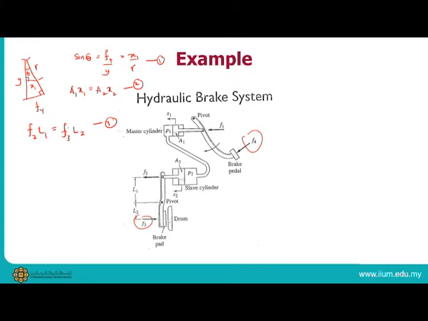Here you have F3, your output, so you put F3 on one side, and it should be equal to F2 L1 over L2. Force is actually equal to pressure times the area, P times A. So F2 should be equal to P2 times A2.